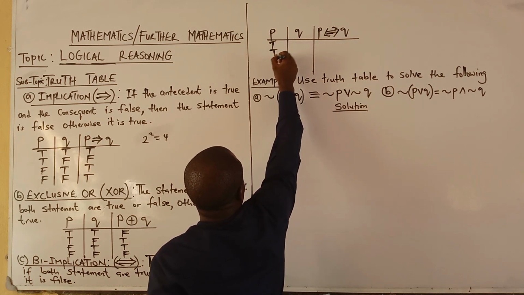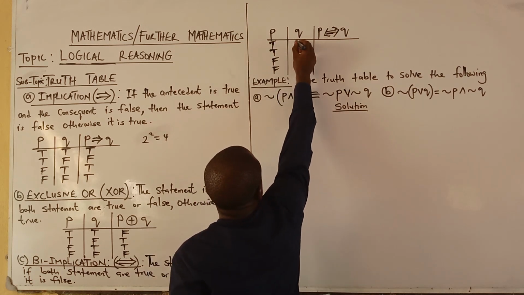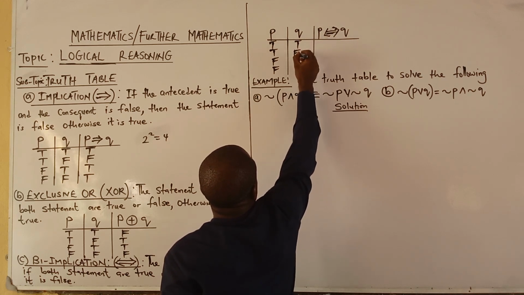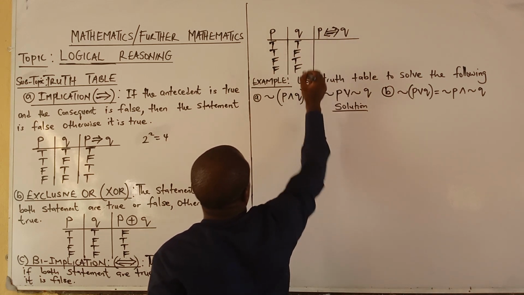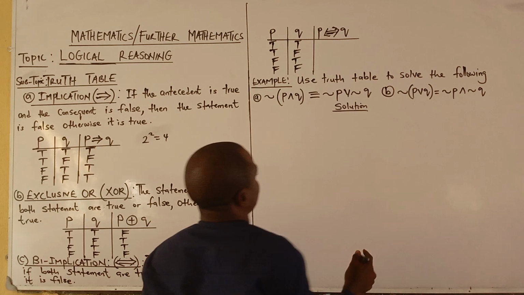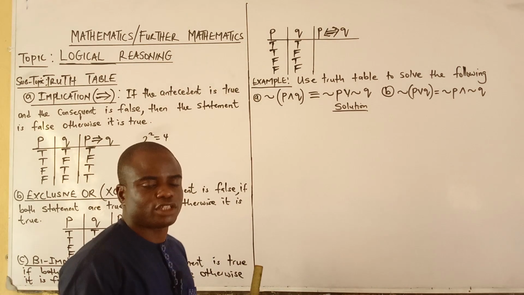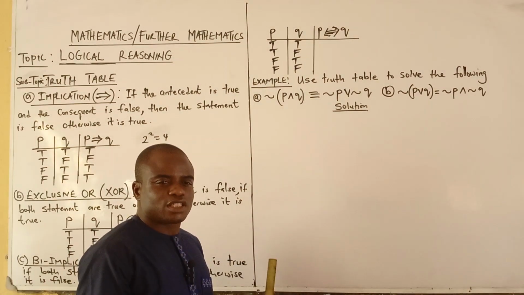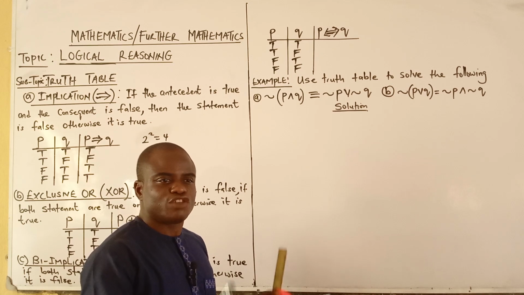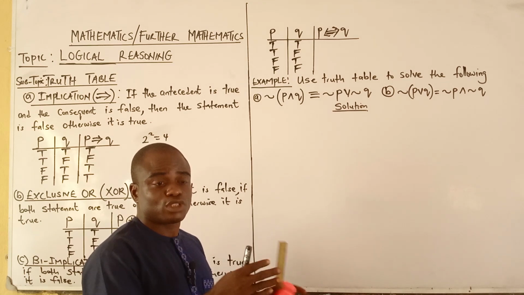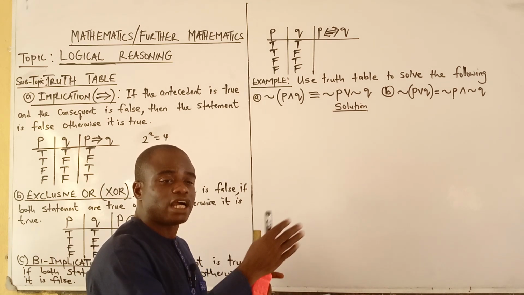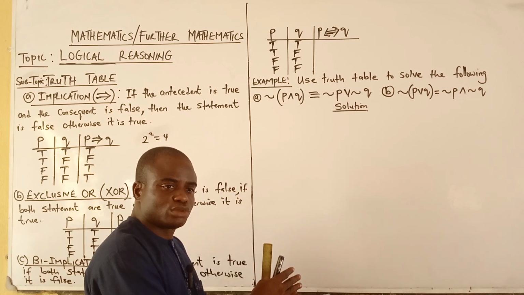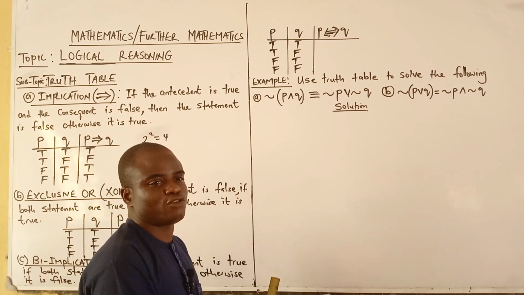T, T, F, F. T, F, T, F. Under bi-implication, the statement is true if both the antecedent and consequent are both true or both false.